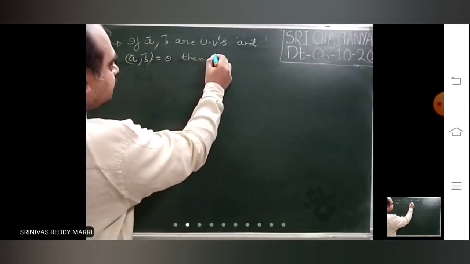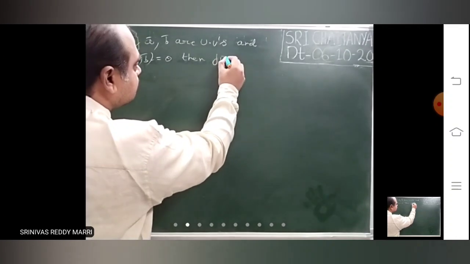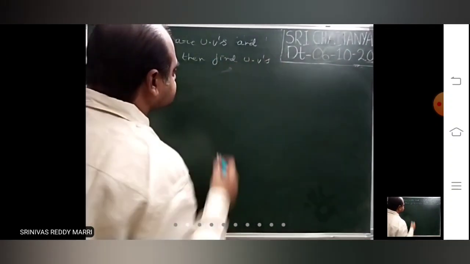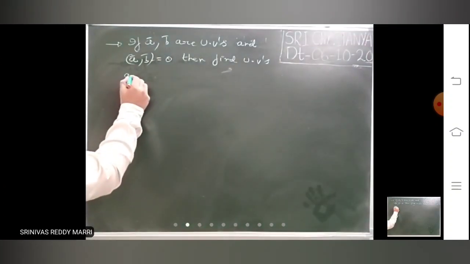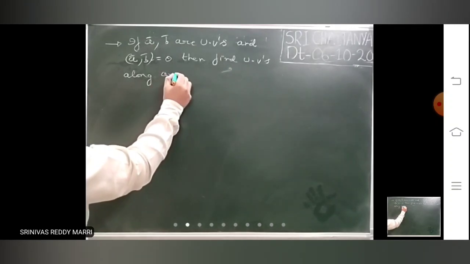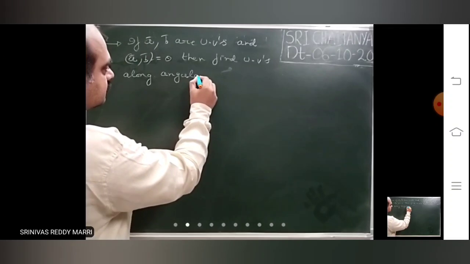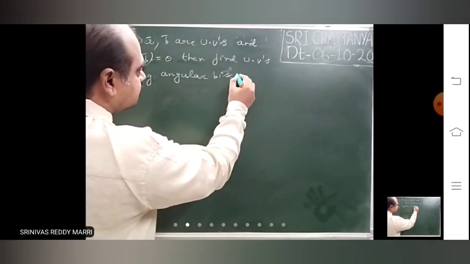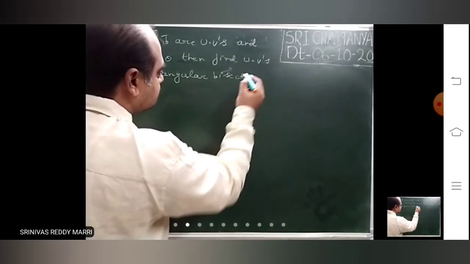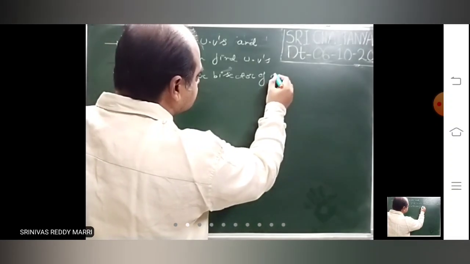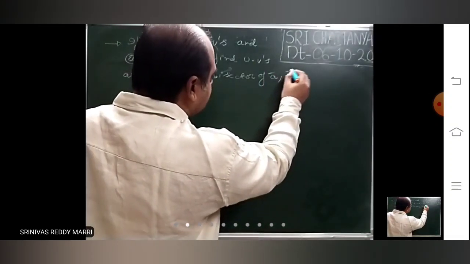Then find unit vectors along the angular bisector of A bar, B bar.